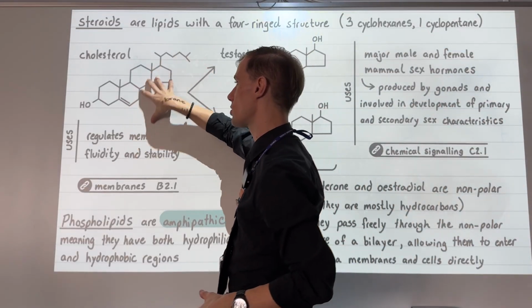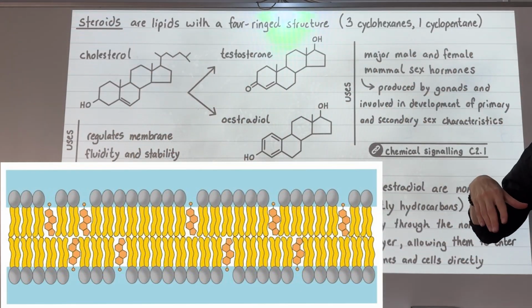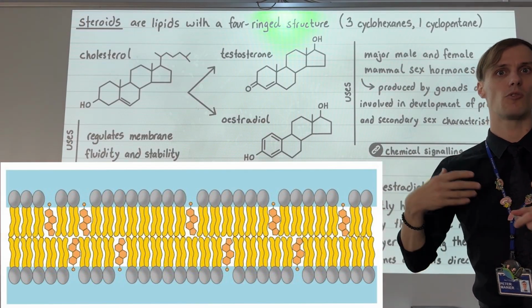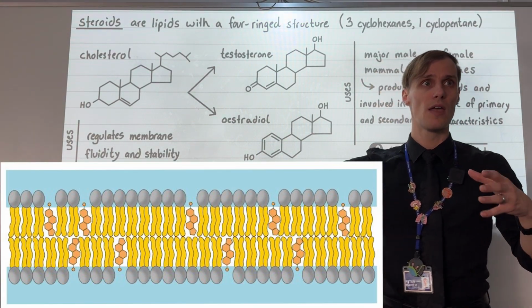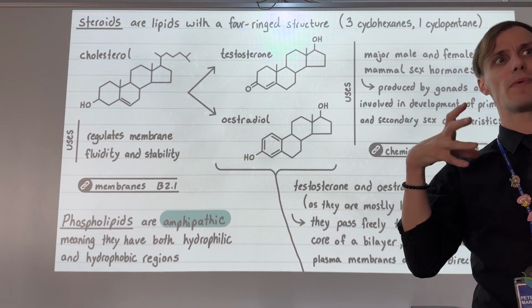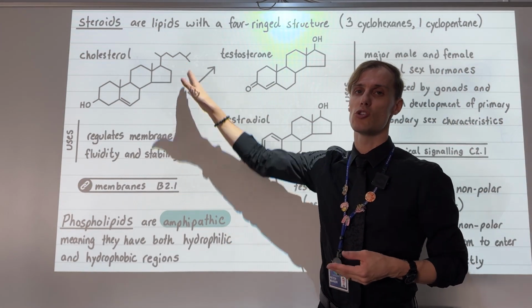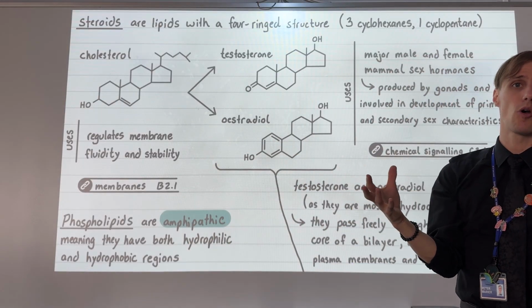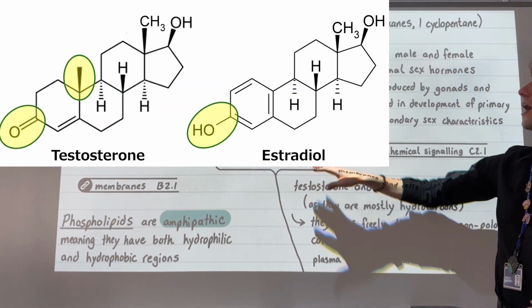So we have cholesterol here, and now cholesterol as itself is actually used to regulate membrane fluidity, and we'll talk about this when we look at the structure of membranes in B2.1, but it's an integral part of mammalian membranes. And cholesterol can also be used to create specific hormones, stuff like testosterone or estradiol.